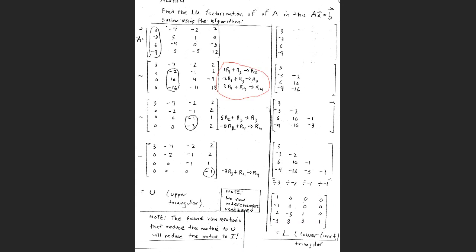Okay, so the first row operation is add rows 1 and 2 and replace the result in row 2. Well, if I add this row and this row, the first and second rows, what are we going to get in that spot right there?